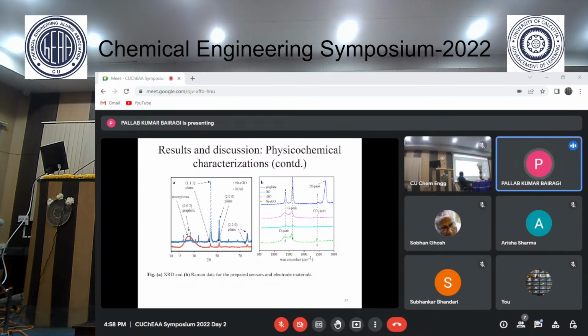The 002 plane observed near 26.65 degrees also confirmed the presence of carbon in the material.